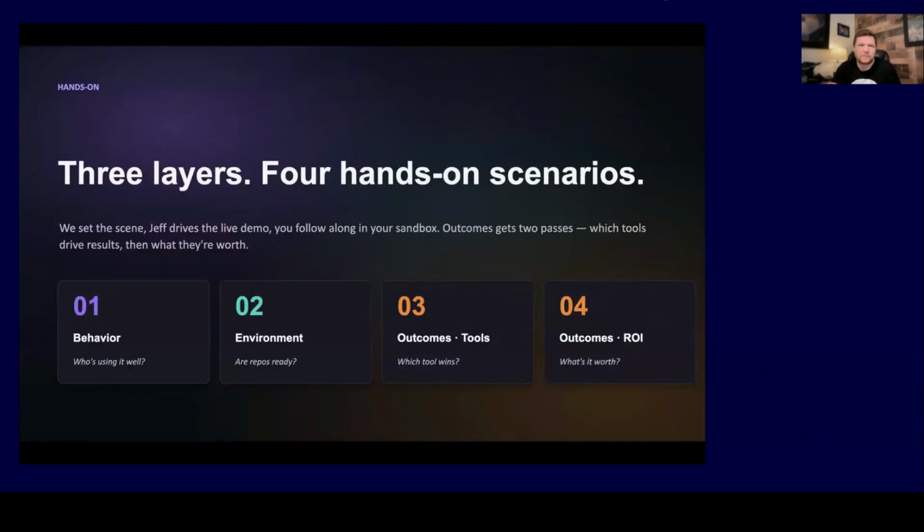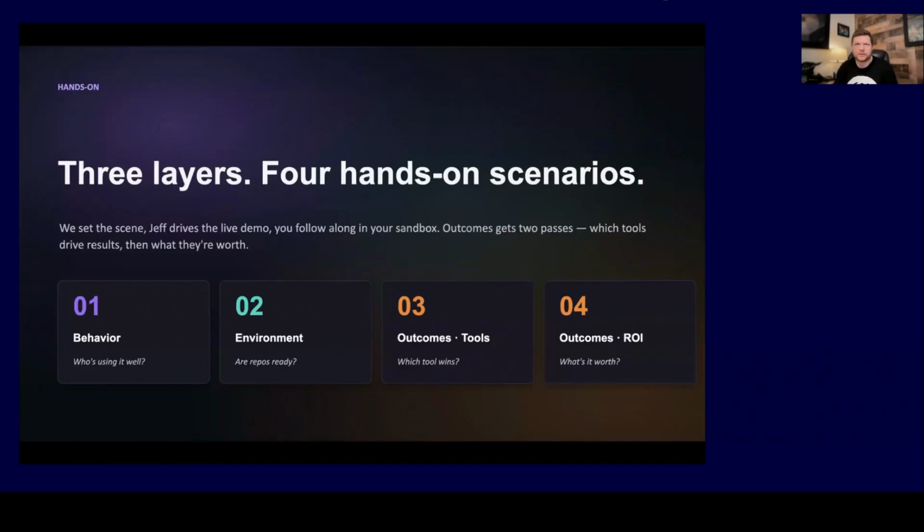So really, we've gone through the framework. That was the theory part of it. Now let's get into the fun part where we're going to get into the real data. So quick heads up: 3 layers before hands-on scenarios. That's because for outcomes, we want to split it into 2 passes. First is the tools, AI tools and AI models.